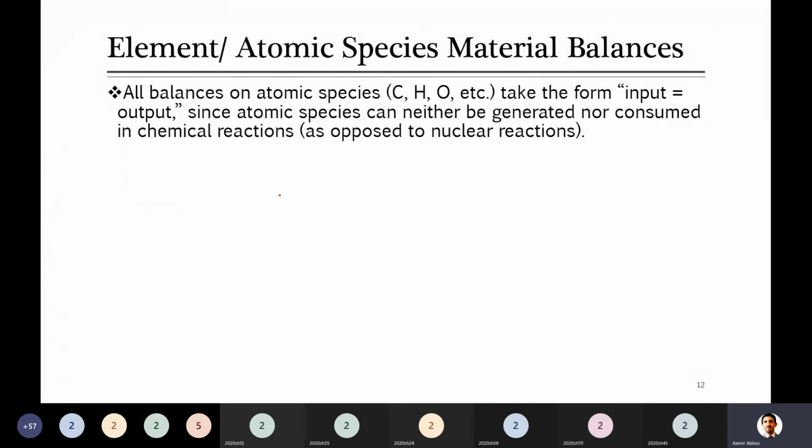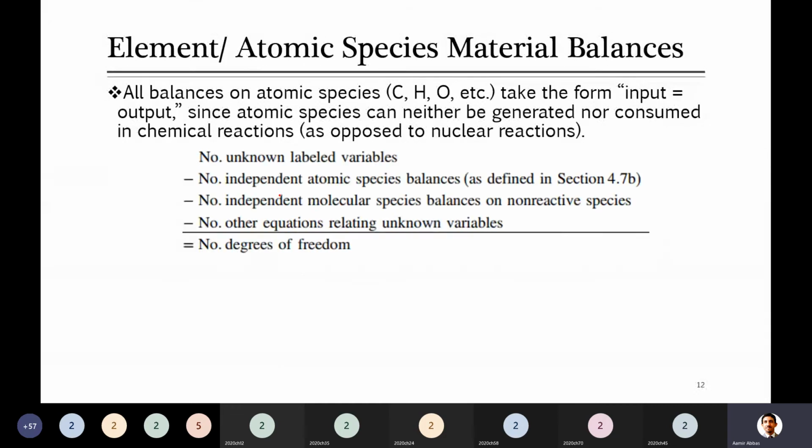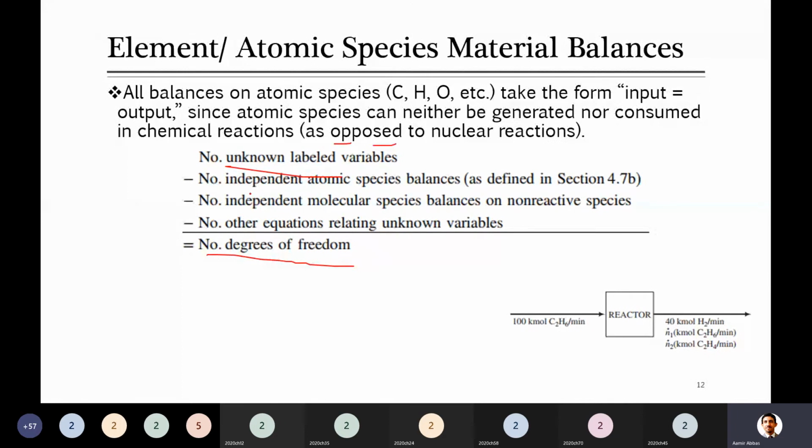Now when you have to write its degree of freedom analysis, the formula is given here. I will ask you to practice these problems so that you can remember these formulas automatically. So the degree of freedom for atomic species balance is equal to the number of unknown variables, anything which is unknown in the question, minus the number of independent atomic species balances.